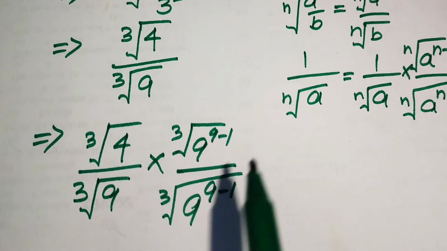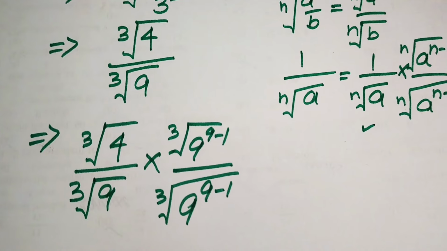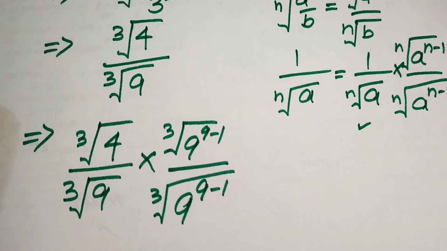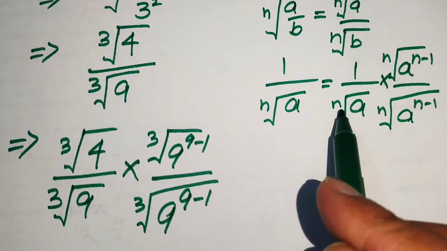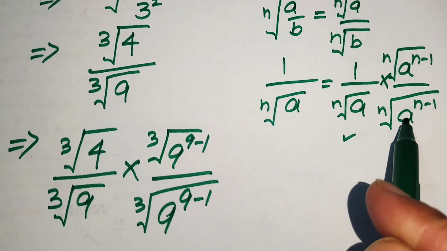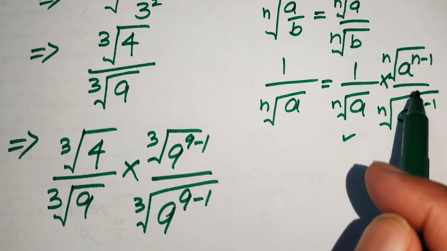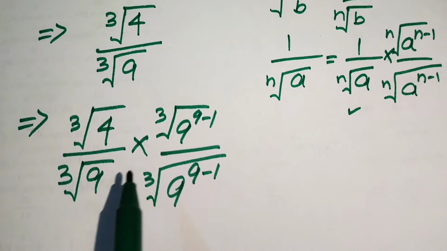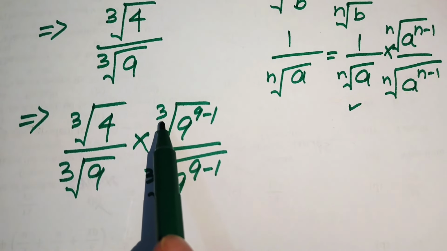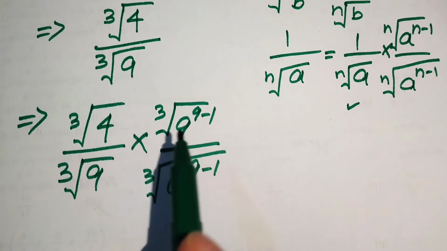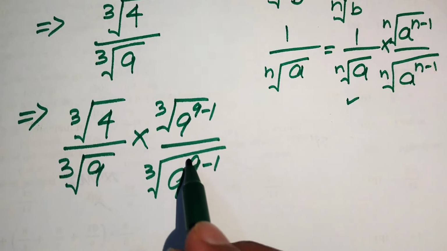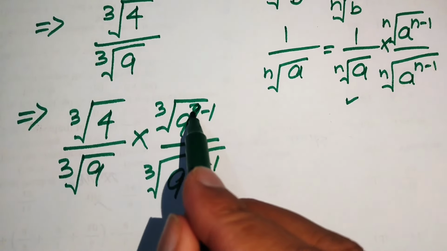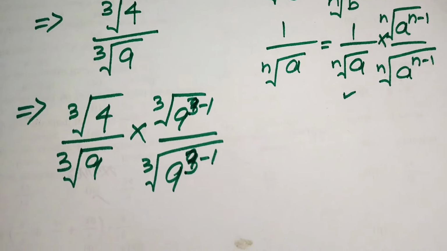Here we use this nice property of root. We have a little mistake in this property. If you have the nth root, then we take the exponent of a as n minus 1 and we multiply and divide by it. In this case our root is the cube root, so n is 3, and we subtract: 9 to the power of 3 minus 1.